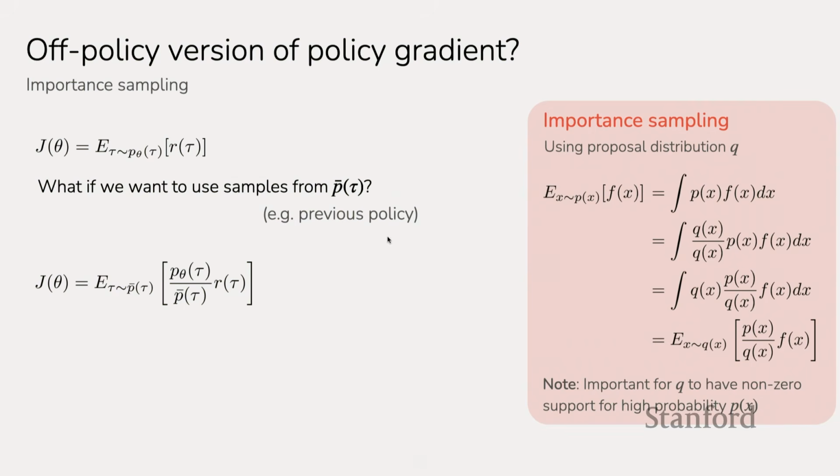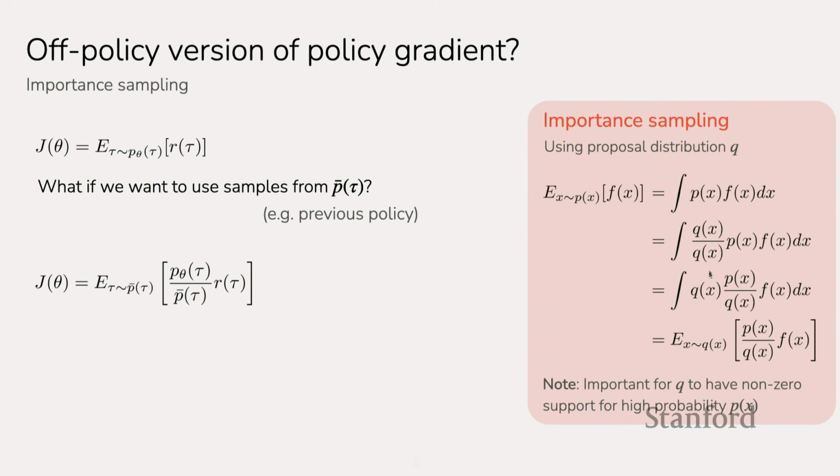If we instead have some previous policy that we've collected samples from, we can measure our objective in terms of the samples from that policy, where we weight the reward by the new policy divided by the old policy probability. Note that this requires your proposal distribution to have non-zero support in scenarios where your new policy has probability.